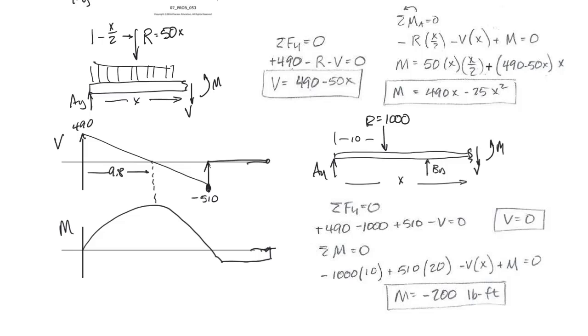At 9.8, I plug that into the moment equation, which is right here, and I can find out the maximum moment is equal to 2401. Okay, well, that's just a little bit of an introduction here on how to do the shear and moment diagrams coming from the equations.